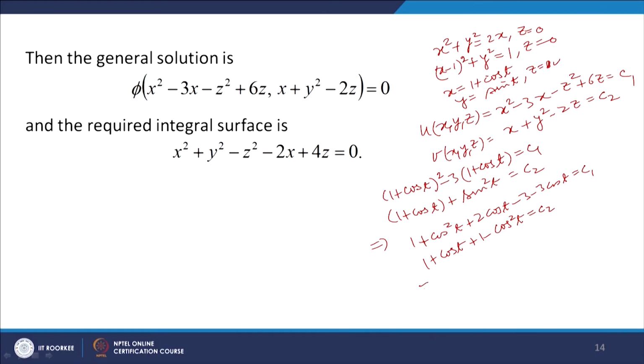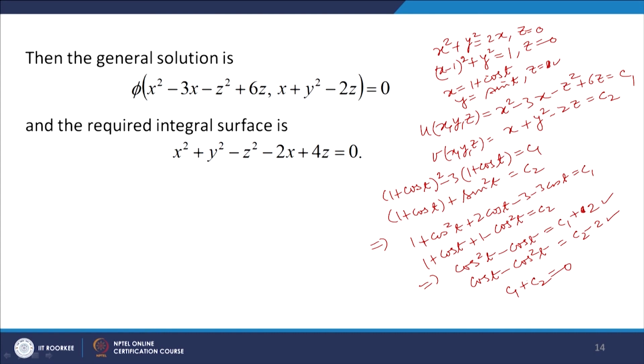So, simplifying we get cos square t minus cos t, and then 1 minus 3 is minus 2, so we get C1 plus 2, and here we get cos t minus cos square t equal to C2 minus 2. So, adding these two equations, what do you notice? Cos square t will cancel with cos square t, cos t will cancel with cos t, 2 will cancel with 2 and we will get C1 plus C2 equal to 0.